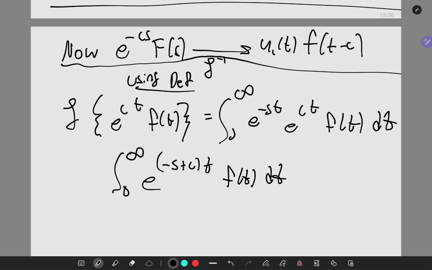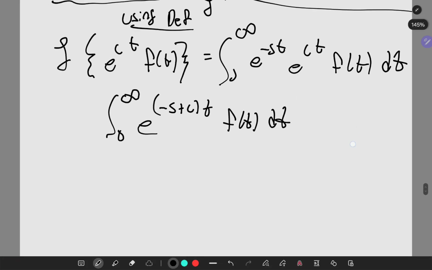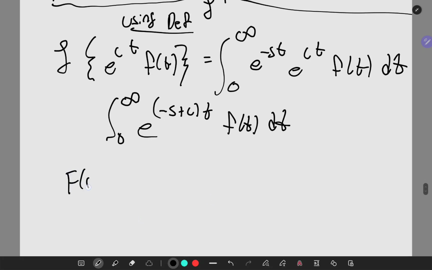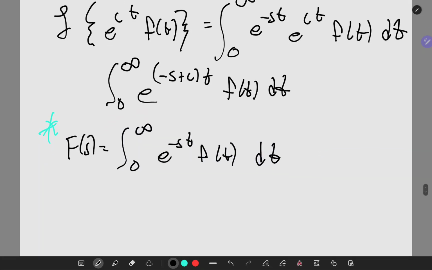We stop right here. You'll notice that in our typical definition, we have e to the minus st, right? We have our F of s is equal to... right, what do you see different here?